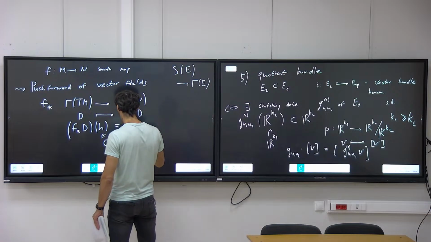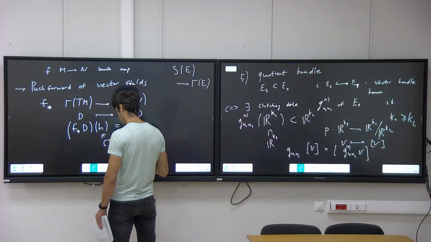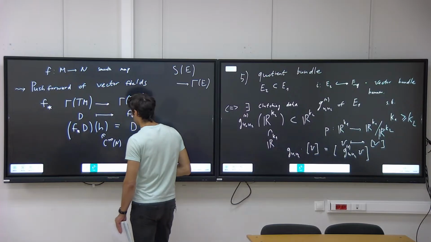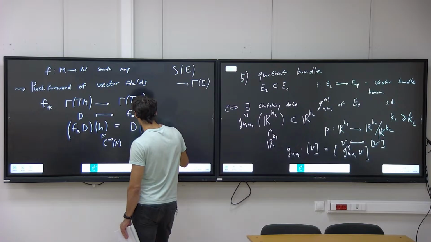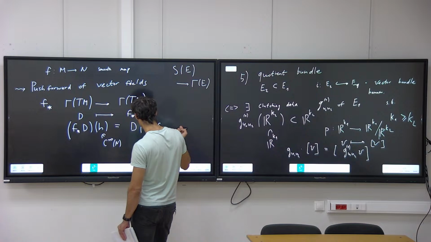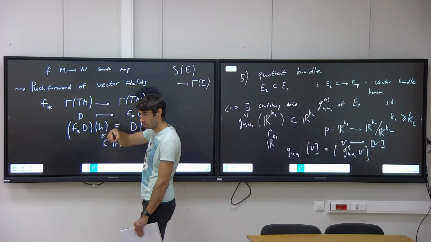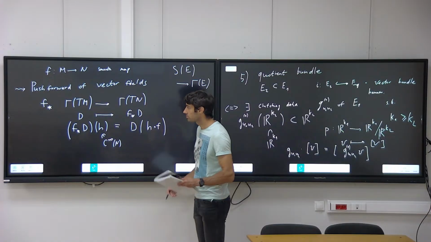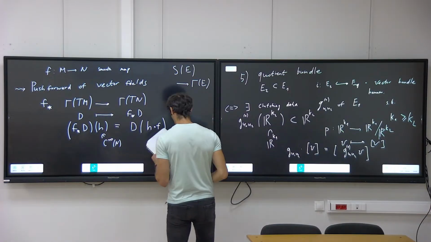D is something that eats functions from C infinity of M, so I just compose h with F. It brings me from M to N, and then from N to R. So this. Okay.